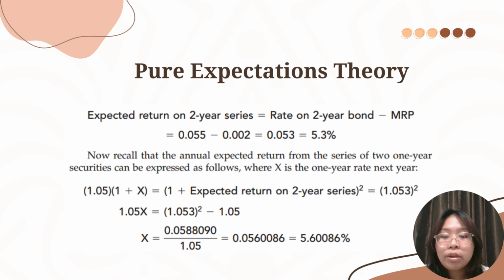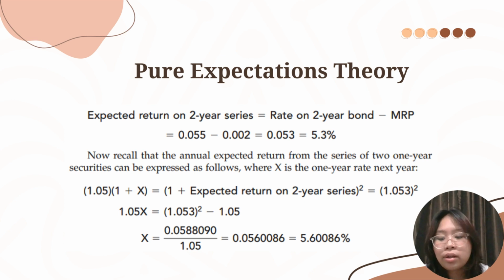Now, recall the annual expected return from the series of two 1 year securities can be expressed as follows, where x is the 1 year rate next year. To get that, 1.05 times 1 plus x is equal to 1 plus 0.053, which we got earlier, the 5.3%, raised to 2.